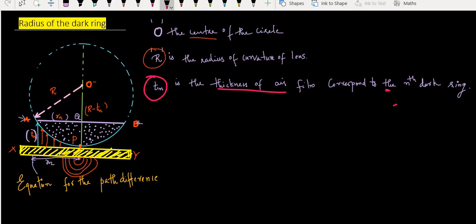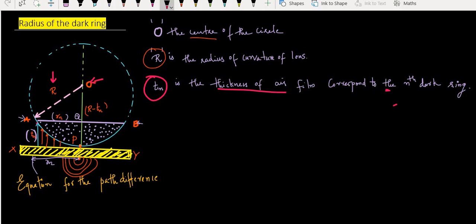So I hope you understand. APB is my planar convex lens curved surface. XY is my glass plate. This APB is a part of the circle with center O. OA is the radius of curvature of the lens, and AQ is the radius of the nth dark ring.